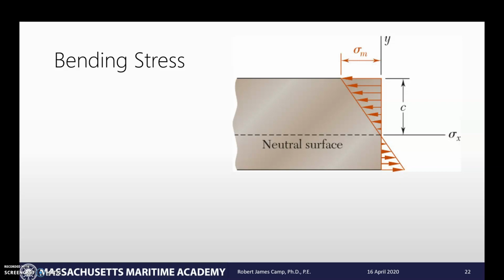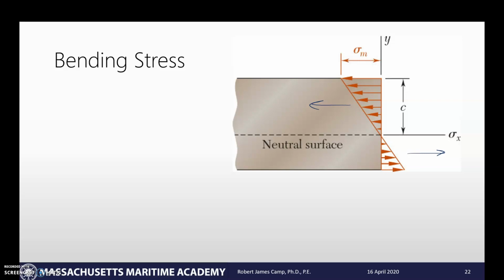So, by definition, the resultant force above the neutral axis has to equal the resultant force below. The reason I say by definition is because of static equilibrium, they're going to have to equal out.